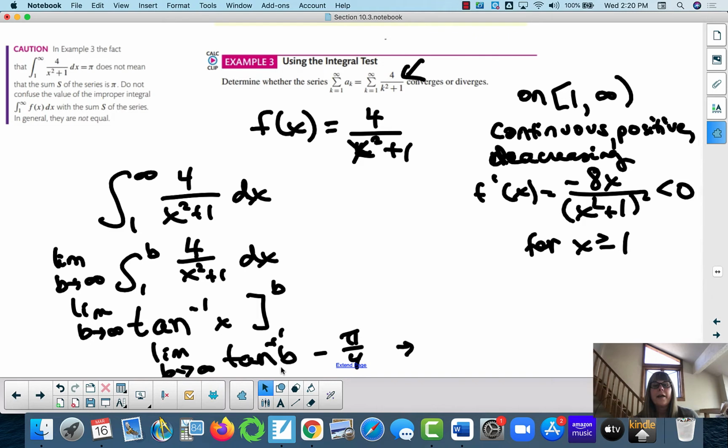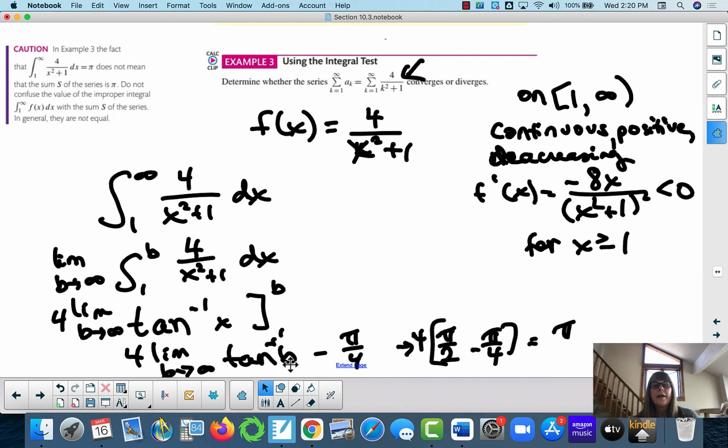So inverse tangent as it goes to infinity is approaching pi over 2. So we have pi over 2 minus pi over 4. And then don't forget that there was that 4 that we pulled out. And that simplifies to pi.